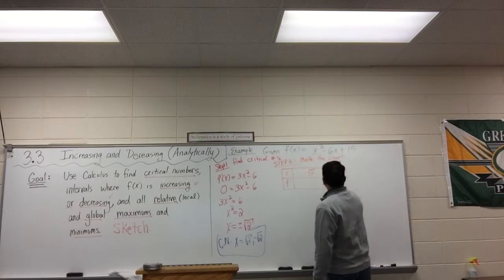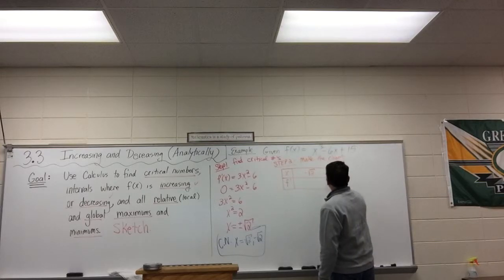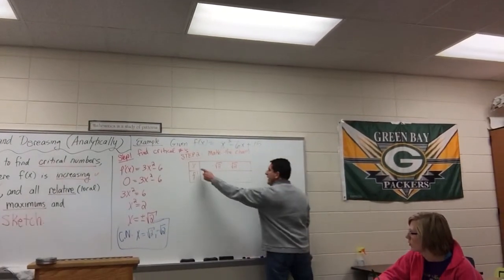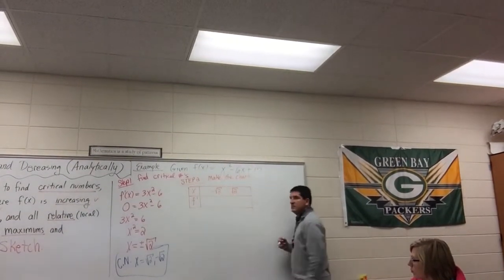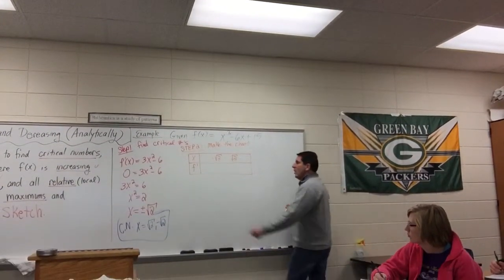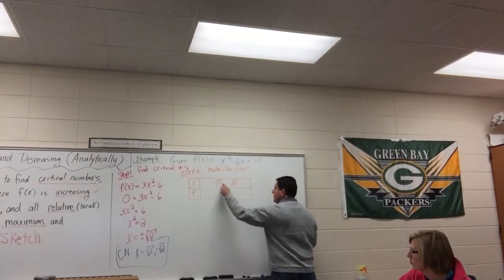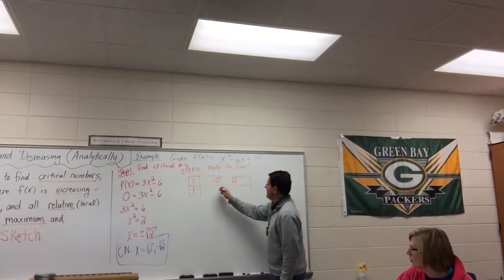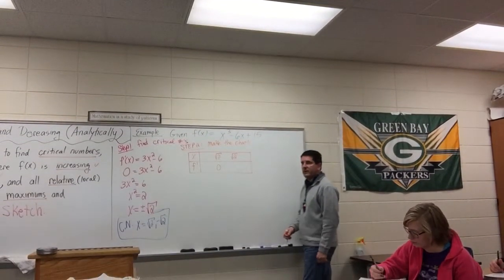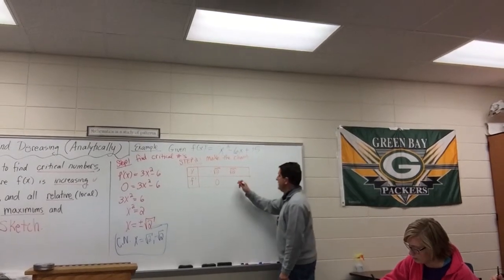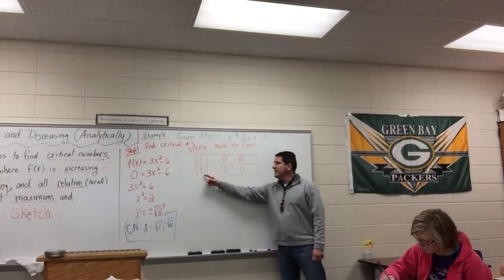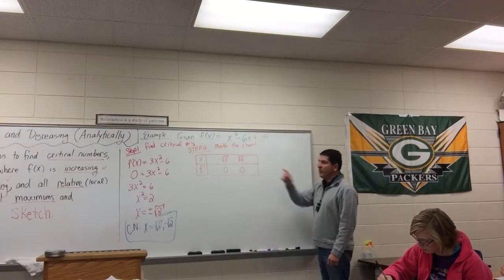The negative square root of 2 and the positive square root of 2 are two x values. What is the value of the derivative at negative square root of 2? 0. We just figured that out right there. These are where the critical numbers are. Okay? So we can put a 0 in the t-table for f prime for both of those.